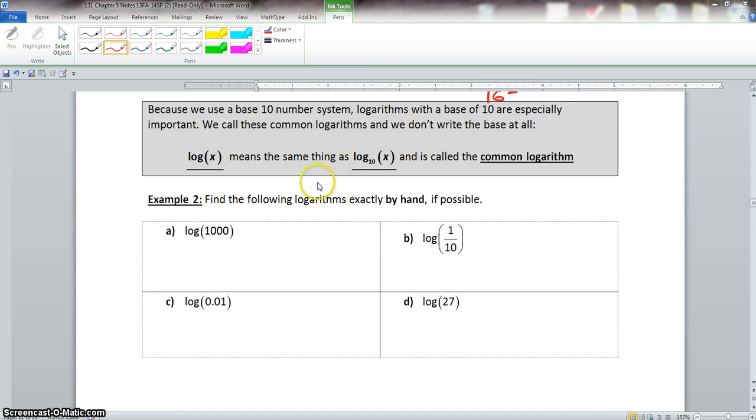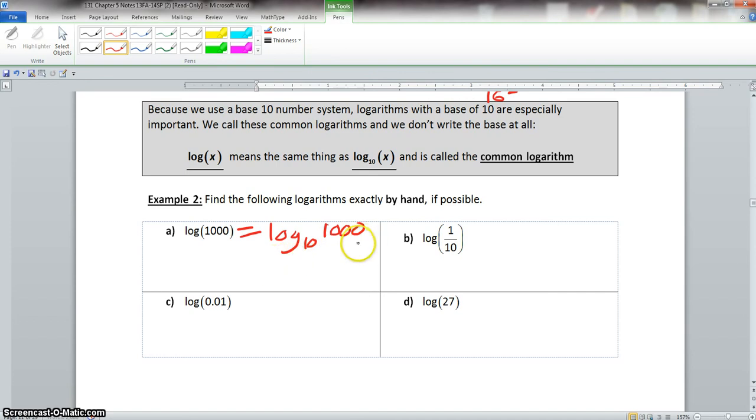So basically what we're saying is, if you were in a foreign country, this would not necessarily be the case. But since we're doing this in an American math class, we're going to use this as a common logarithm. So log of 1,000 is the same thing as saying log base 10 of 1,000.